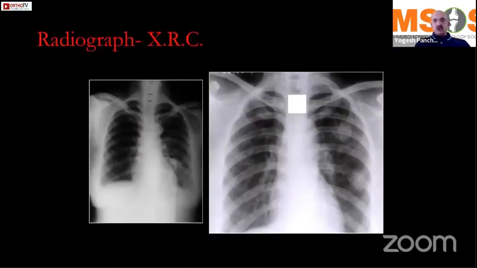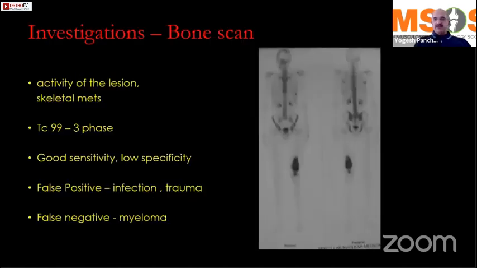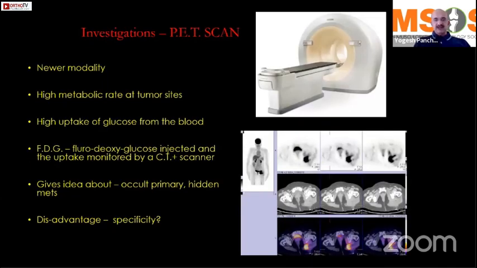X-ray chest is able to show us metastasis only when the metastatic pulmonary nodules are more than 2 centimeters in size. The distant staging investigation of choice currently is a plain CT scan of the chest with thin slices, which can show us nodules as small as a few millimeters. The other skeletal staging investigation is a 3-phase bone scan, as compared to a PET scan, which is one of the latest investigations.